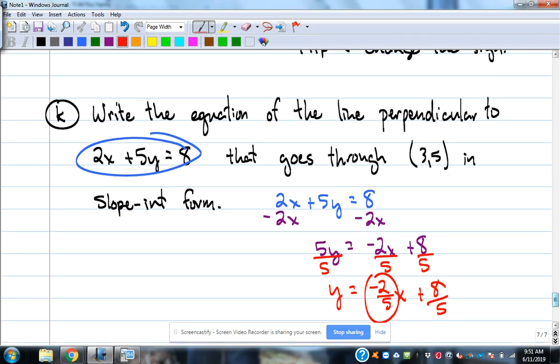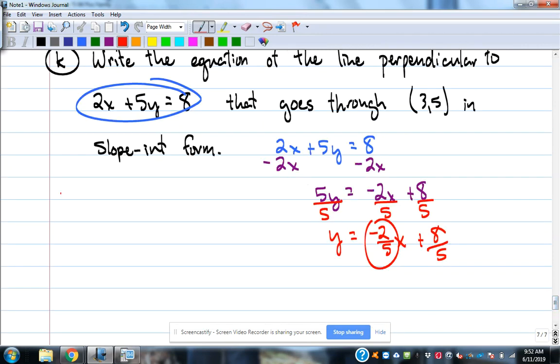The perpendicular slope, that's what we need. The perpendicular slope is take that and flip it over and change the sign. So if I flip it over, it's going to be 5/2, and instead of negative, it's going to be positive 5/2.